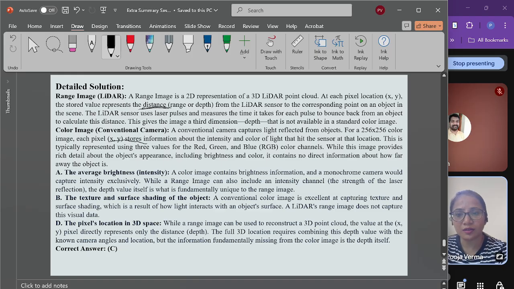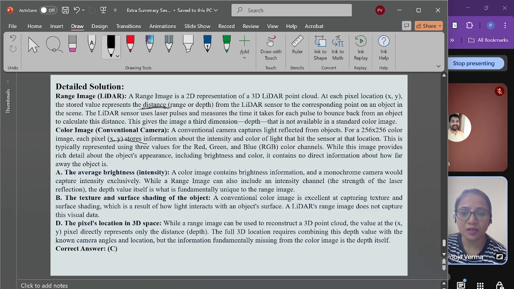So intensity is stored by both the color image as well as the LiDAR sensor. The next one is the texture and surface shading of the object. A conventional image is excellent at capturing texture and surface shading, which is a result of how light reflects from the object surface, and a LiDAR range image does not capture this visual data.